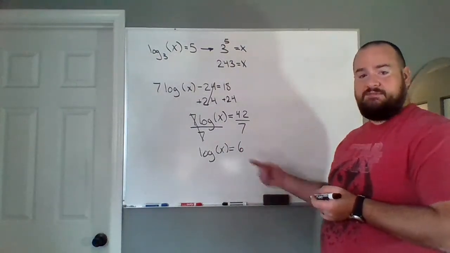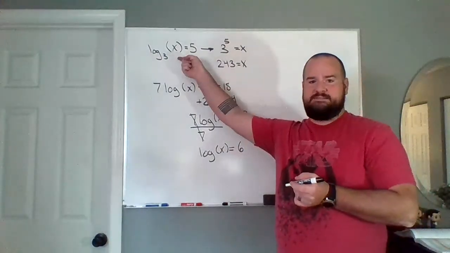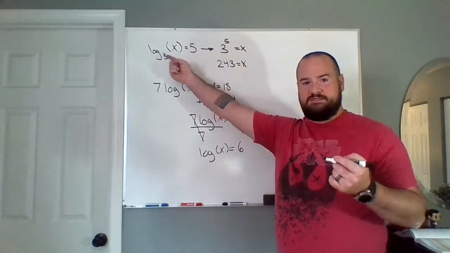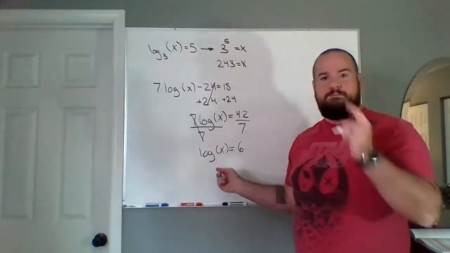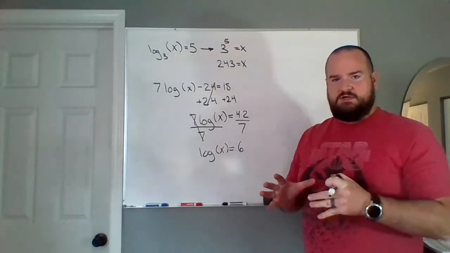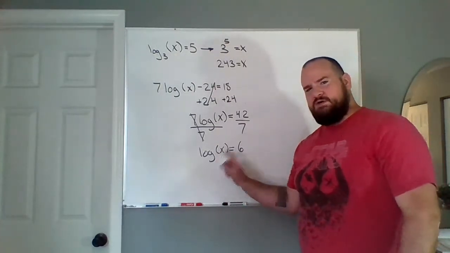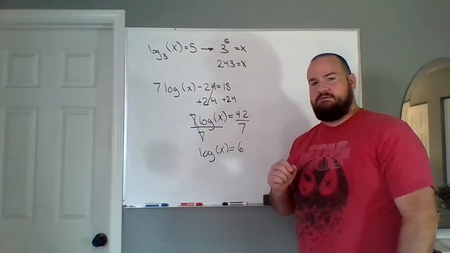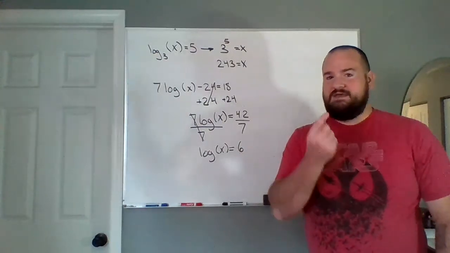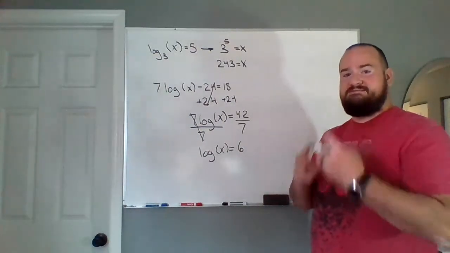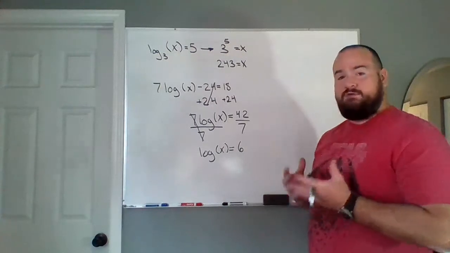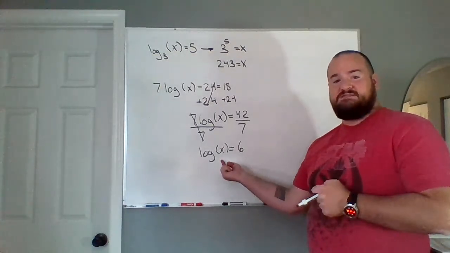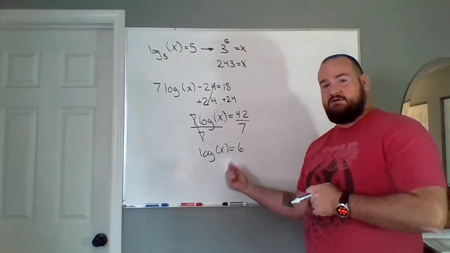Cool. Now this looks exactly like this. Now you may be going like, wait, that doesn't look exactly, there's no base. Oh, but remember, there's a special logarithm that we write without a base. What is that logarithm? That's right. The common log. The common log is log base 10. And whenever we want to write the common log, we just write it without a base. So that means what we're referring to here is actually the common log.